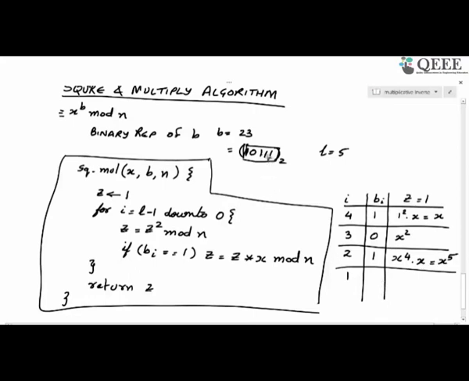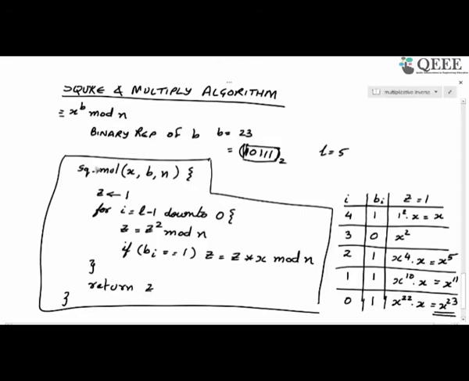I equal to 1 has a value of 1 over here, so as before you square, so x power 10 into x, this is x power 11, and the last iteration occurs when I equal to 0 and the least significant bit of this is 1, so you again take the value of z, square it, so you get x power 22 into x, so this is x power 23.